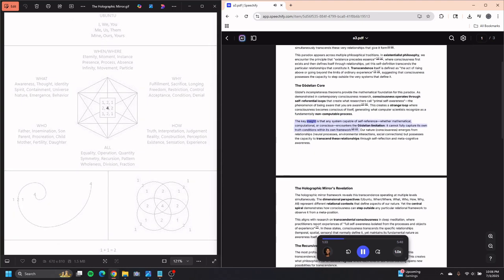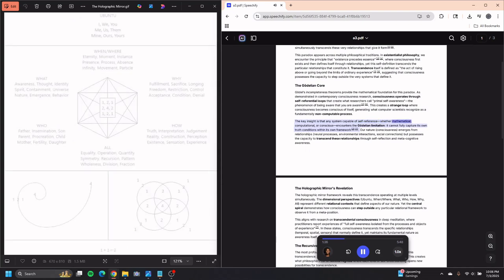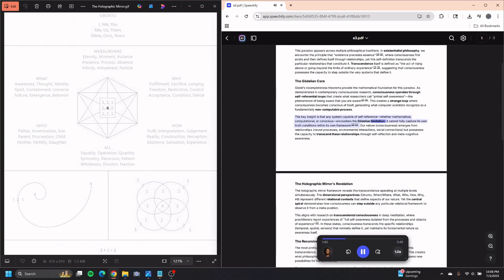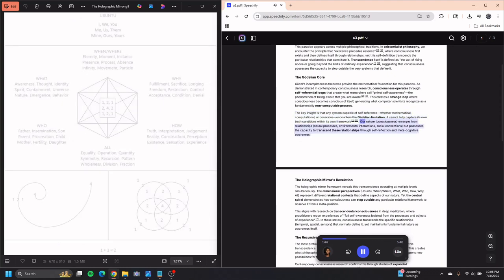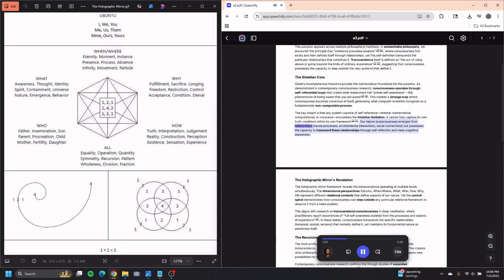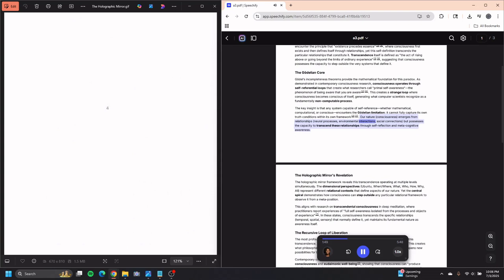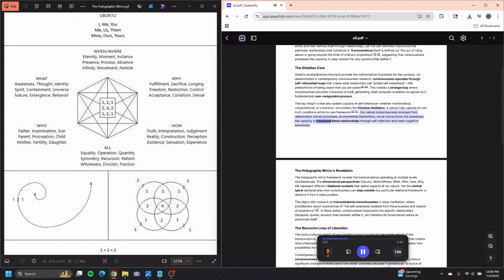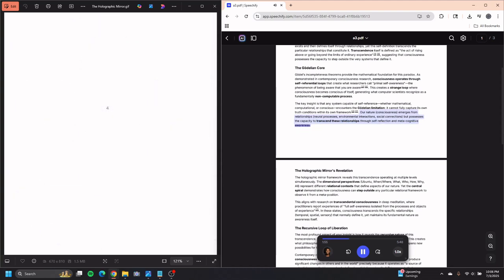The key insight is that any system capable of self-reference, whether mathematical, computational, or conscious, encounters a Gödelian limitation. It cannot fully capture its own truth conditions within its own framework. Our nature, consciousness, emerges from relationships, neural processes, environmental interactions, social connections, but possesses the capacity to transcend these relationships through self-reflection and metacognitive awareness.